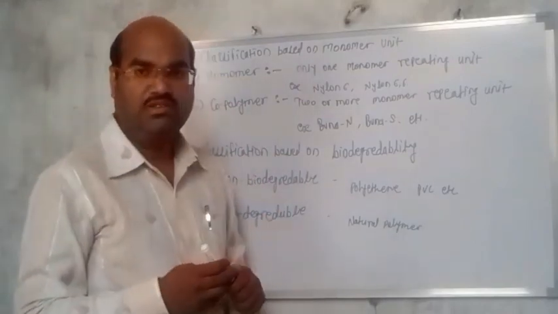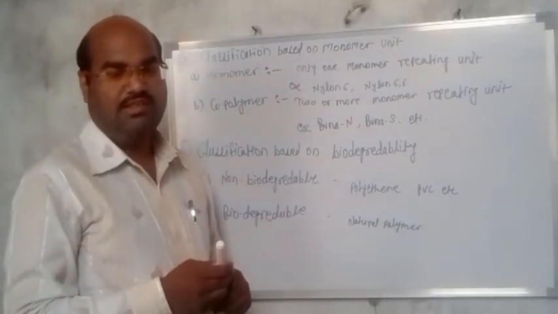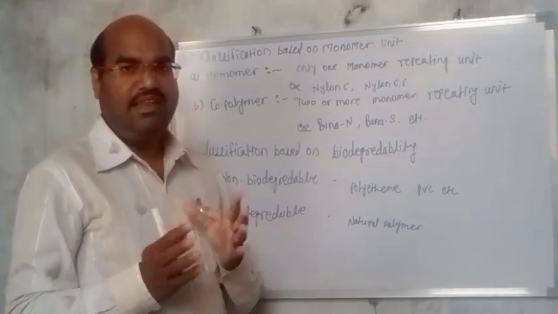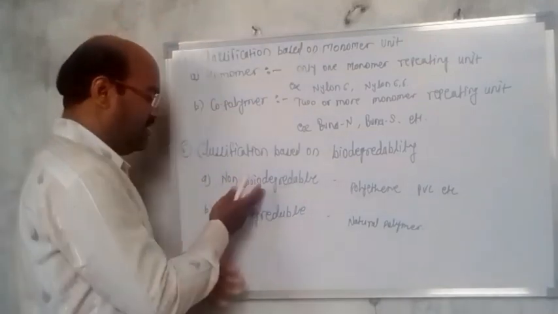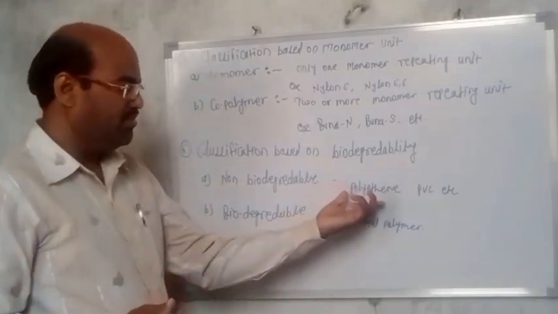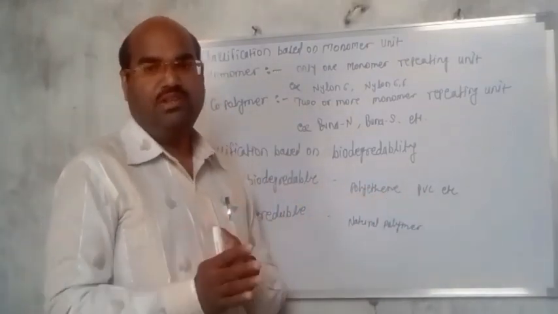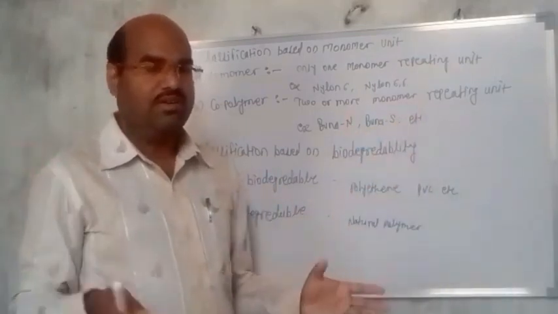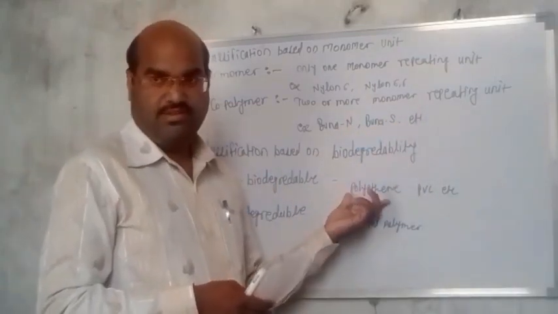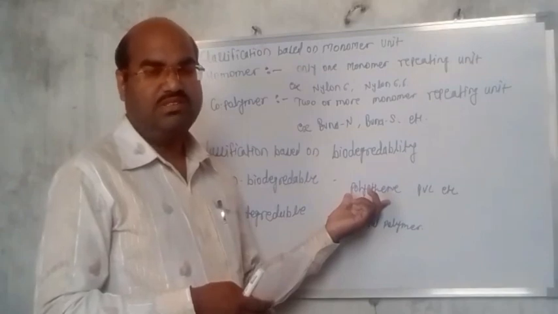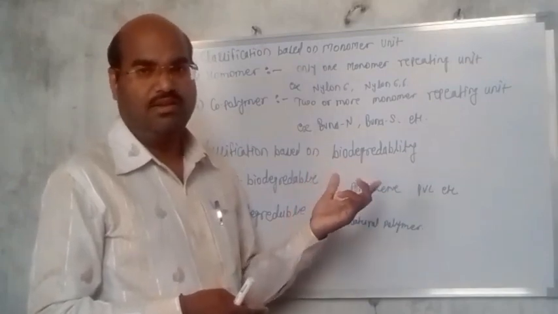So synthetic polymers are non-biodegradable. It does not degrade easily in environment. So this called as the non-biodegradable. For example, polythene, PVC. So if they are dumped in soil, for number of years they are present as it is because they are non-biodegradable.